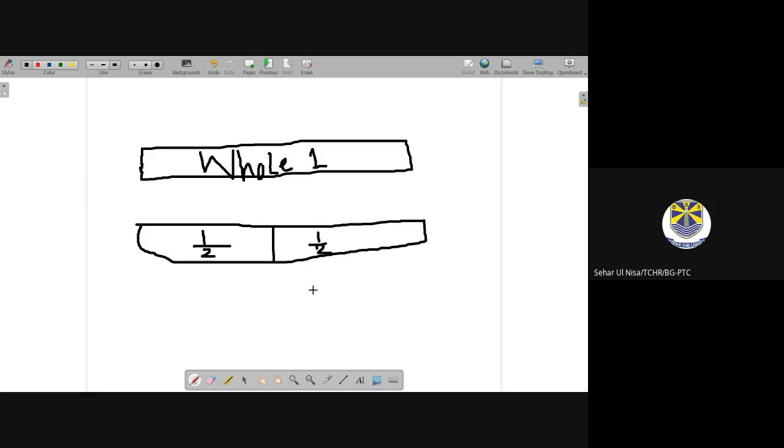So when you add them, for example, 1 by 2 plus 1 by 2, the denominators are the same, so you can write it over 2, and 1 plus 1 will give you 2. When you simplify, 2 by 2 equals 1. So as you can see, this 1 is again over here. Is that clear?